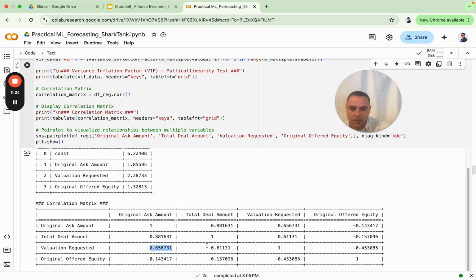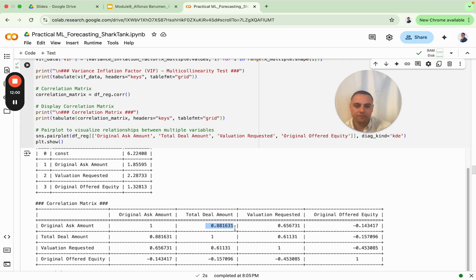And then obviously we want these variables to be correlated with total deal amount, so you can see the total deal amount and original ask amount is highly correlated, right? 0.88. Again, this ranges from -1 to 1. Closer to 1 on the positive side. You can see that it is very close, almost 0.9 if I'm doing some generous rounding.